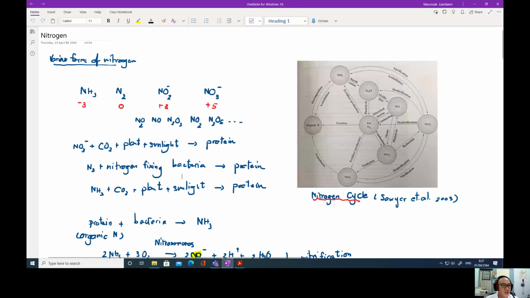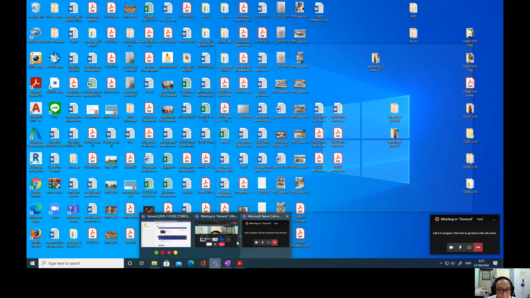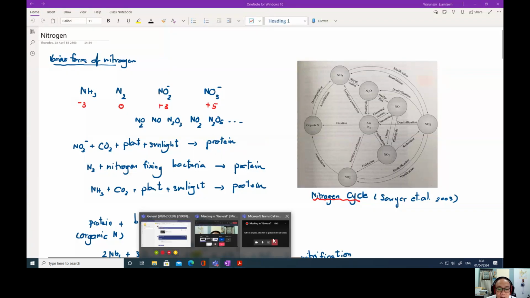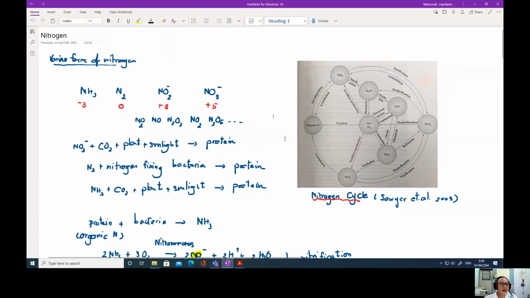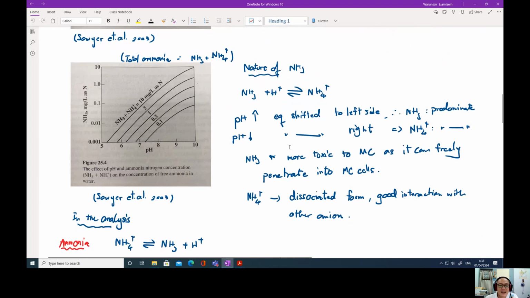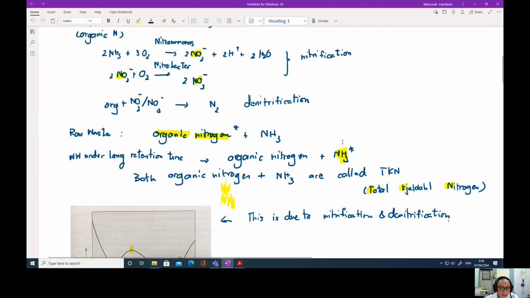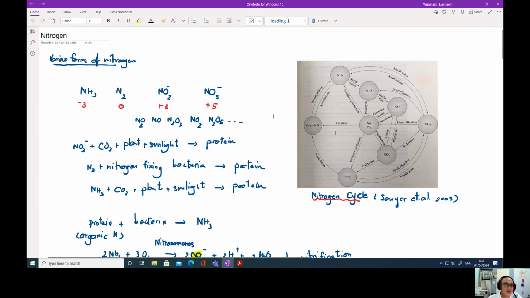So I'll switch to this page, the OneNote. Hopefully you are still with me on the screen sharing. Okay, so these files I have left in the background folders, or you can download them.